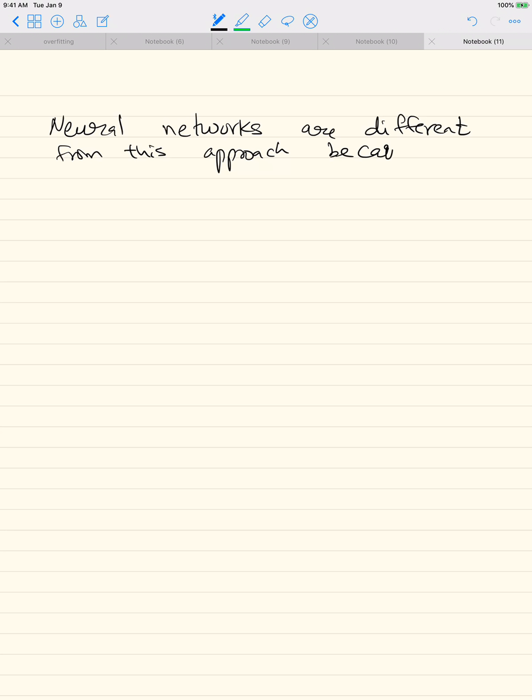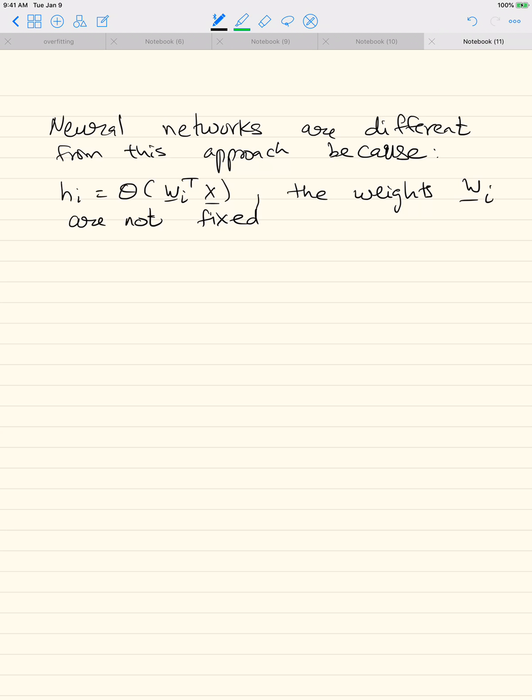So neural networks are different from this approach because in this computation, the weights wj are not fixed a priori.